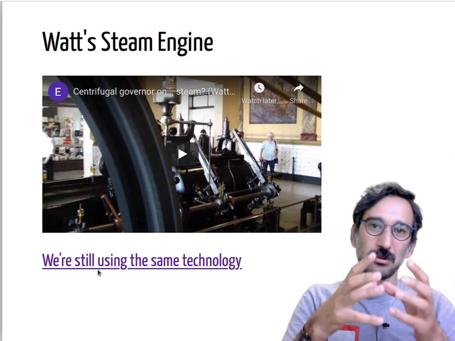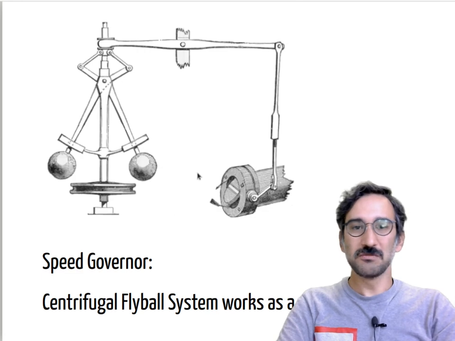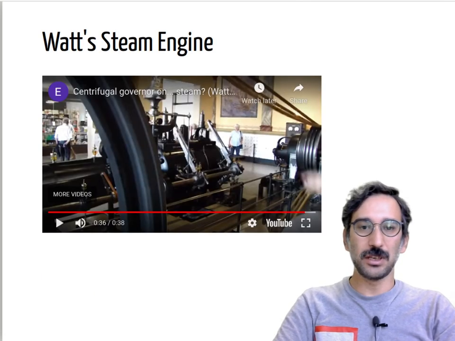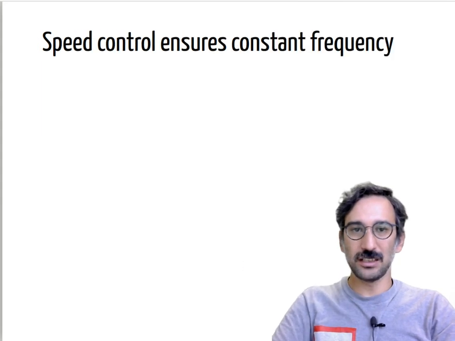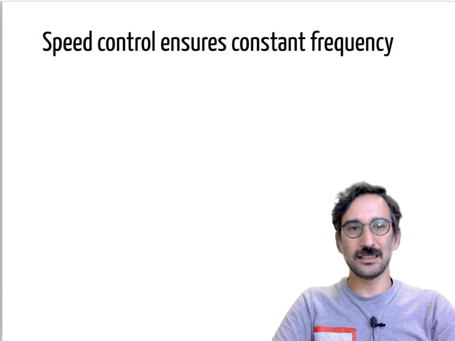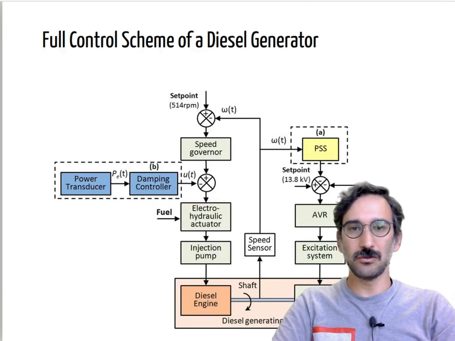The amount of steam sent to that device can be controlled by a digital system, but the idea is the same. It can be controlled with a similar device. So speed control gives us a constant frequency, let's say 50 hertz output voltage frequency.